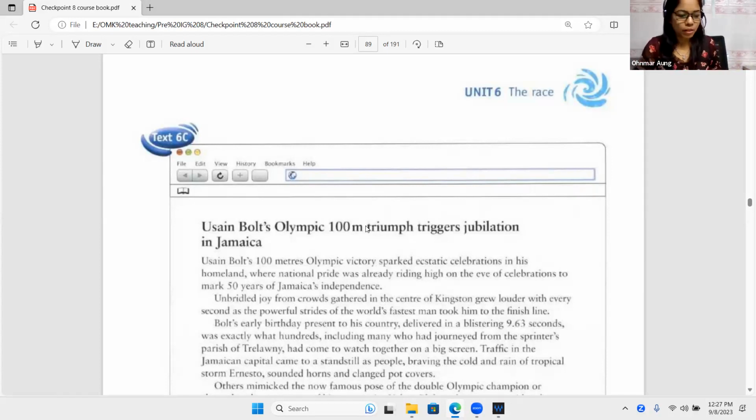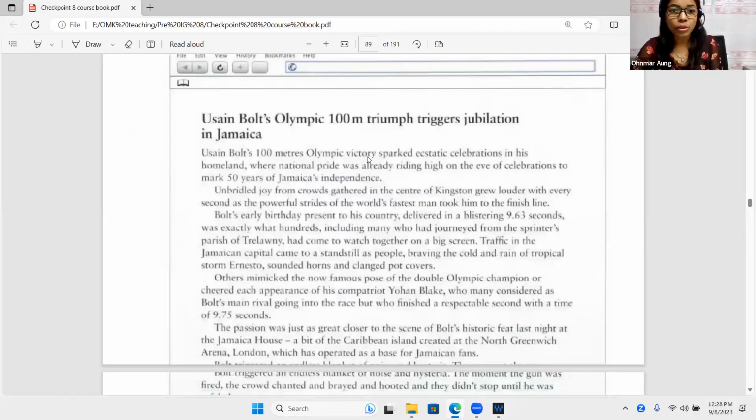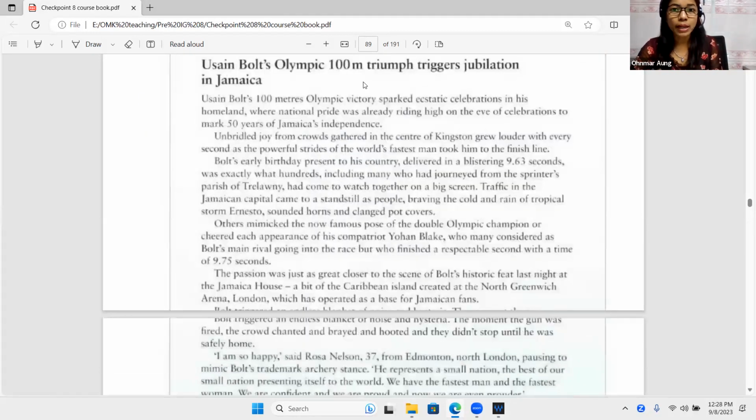Okay. In the first paragraph, yeah, it is understandable, but I want you to highlight some words like victory. You are given similar words like victory, so you need to highlight victory. And another phrase is sparked ecstatic celebrations. Sparked, very beautiful.